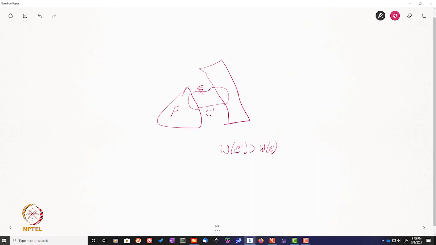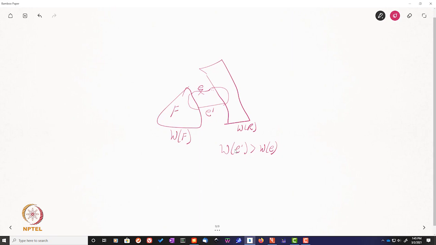The reason is that if I add edge E, let's assume that the rest of the tree remains the same and its weight is fixed. Let's say that the weight of the fragment is WF and the weight of the rest is WR. So let us consider two trees, one that has E and one that has E dash.